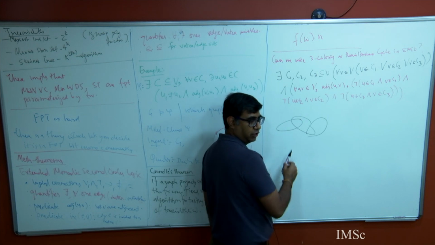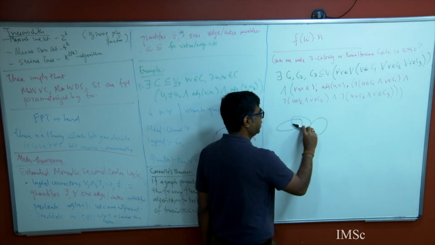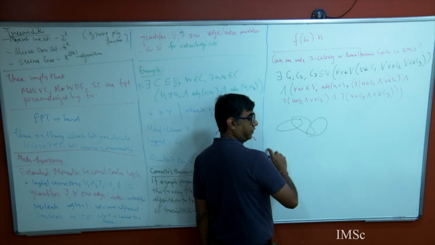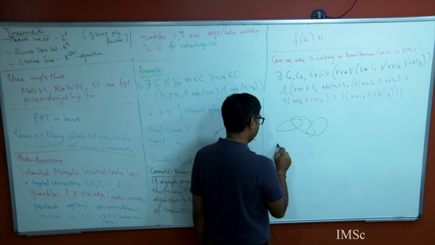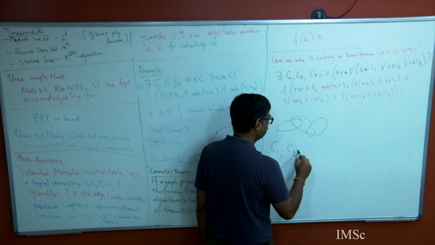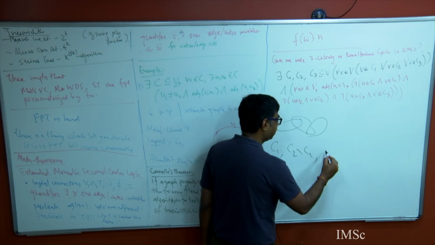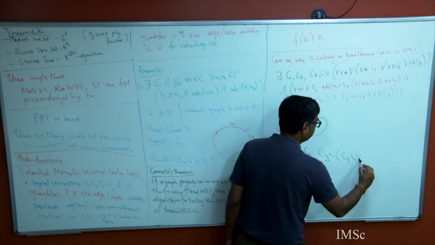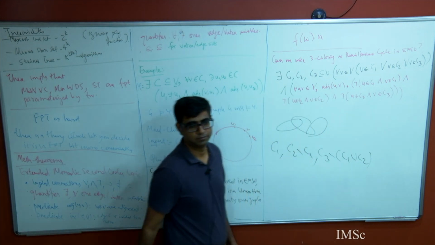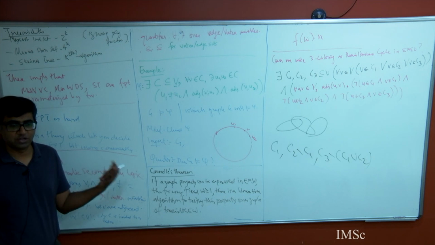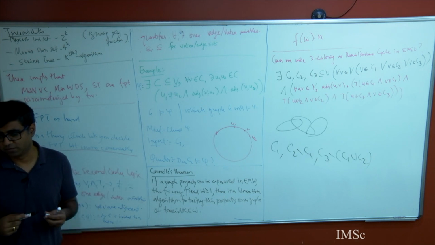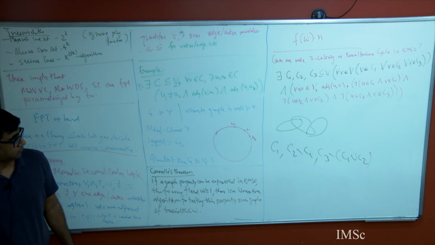But if you can cover your whole vertex set with 3 independent sets, then you take C1 first, next C2 minus C1, and next C3 minus C1 union C2. That's your 3-coloring. So even covering my graph with 3 independent sets implies 3-coloring.